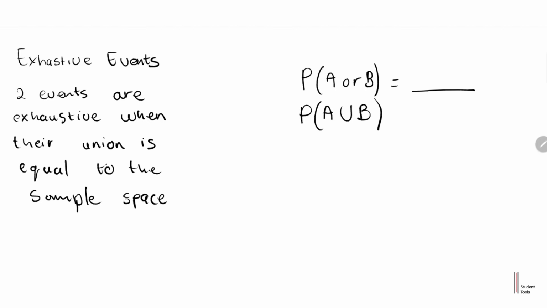So the sample space is equal to A1. So the probability of A or B, or the union of these two exhaustive events, will be equal to A1. And that is just what is required for this question. Okay, we have 2.2.2 next.